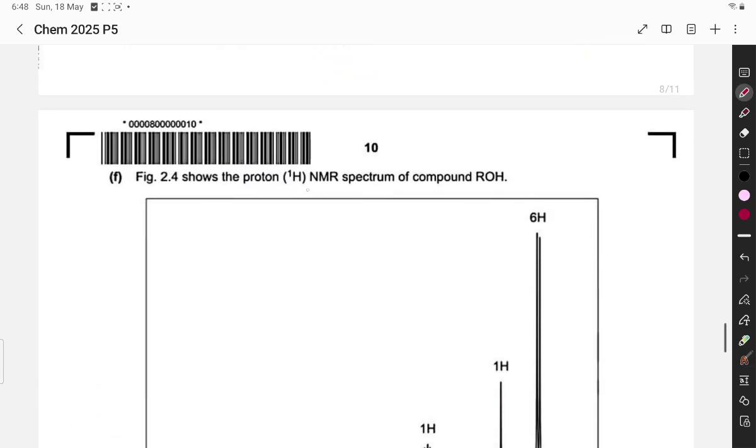The figure shows the proton NMR spectrum of the alcohol.